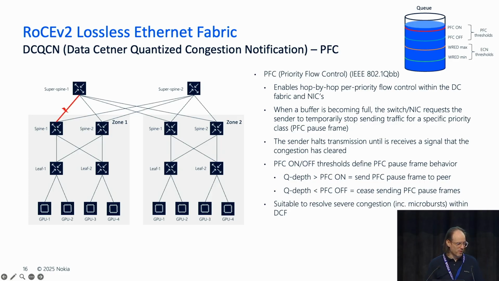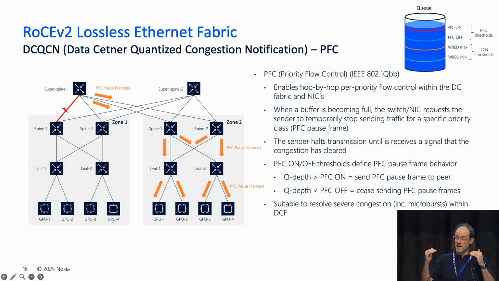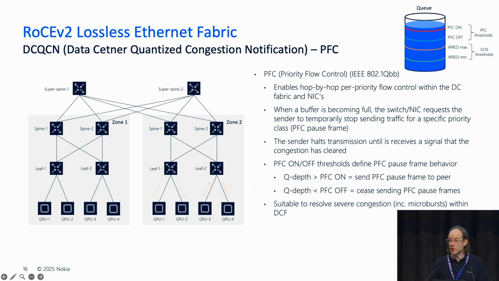In this example, the same link between superspine switch 1 and spine 1 is experiencing extreme congestion, so superspine 1 generates a PFC pause frame. This is received by spine 1 and spine 2. It may cause the ingress buffers of spine 1 and spine 2 to also exceed a threshold, so it may propagate this onto downstream devices as well. When that extreme congestion is alleviated and goes away, these pause frames stop being sent and the network goes back into a steady state.